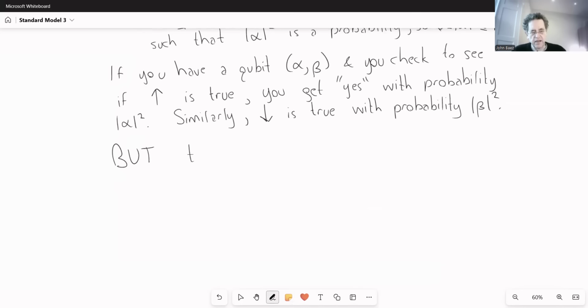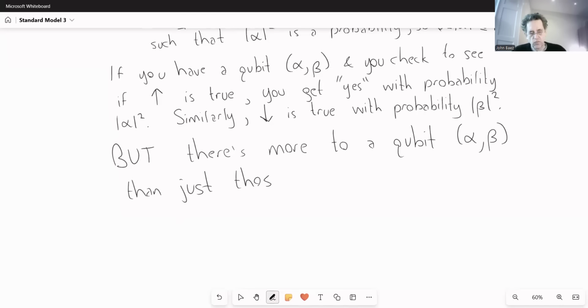So, I will say there's more to a qubit than just those probabilities. There's more information in the qubit than just those probabilities. And this is what makes qubits different from probabilistic bits. So this is where things get funky.